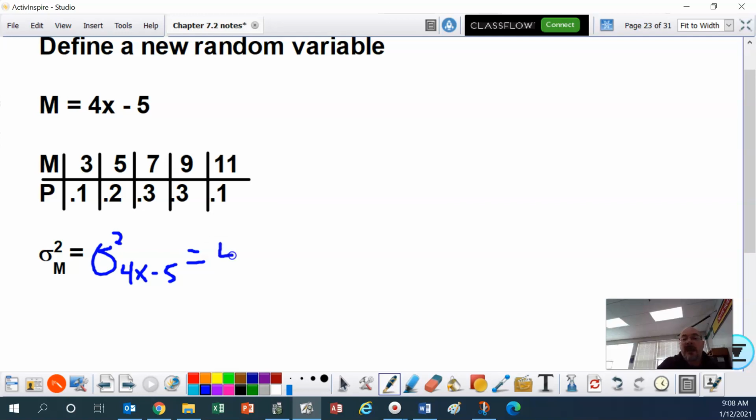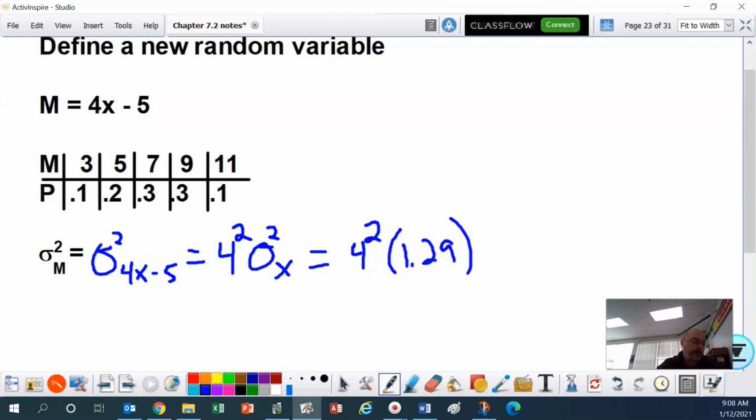So I will write that as 4 squared, because you got to square it, because the variance is the standard deviation squared. 4 squared times the variance. So that means it's 4 squared times the 1.29, and that would be 16 times the 1.29.